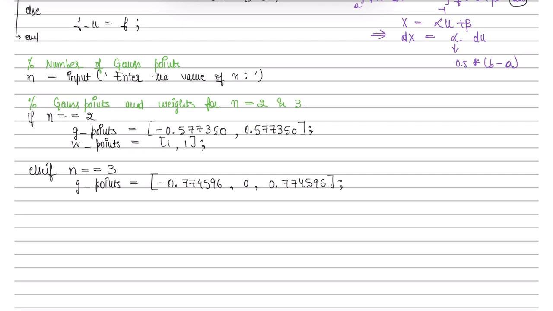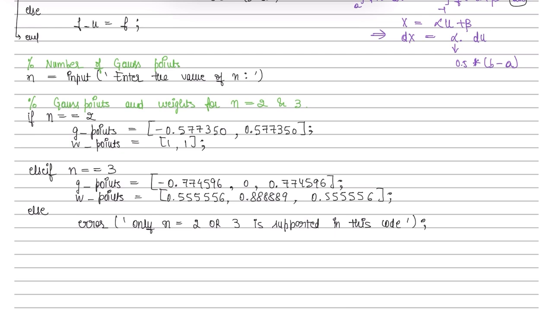The corresponding weight points are, else if any other value of n has been entered, it will generate an error by saying, and this if condition will end.